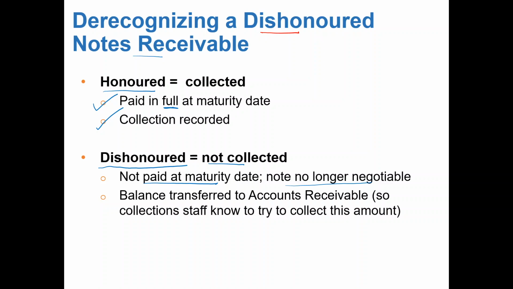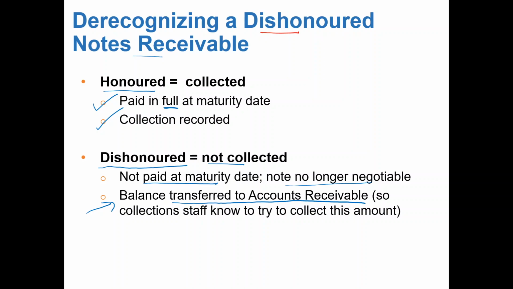So the date has passed, and therefore we want to move it out of notes receivable. But since we haven't collected it, it's not that we're going to just stop trying to collect it because the maturity date's passed. Obviously, we're still going to try and get this amount. It's just going to take a little extra time. So to do this, we actually transfer the balance into accounts receivable.